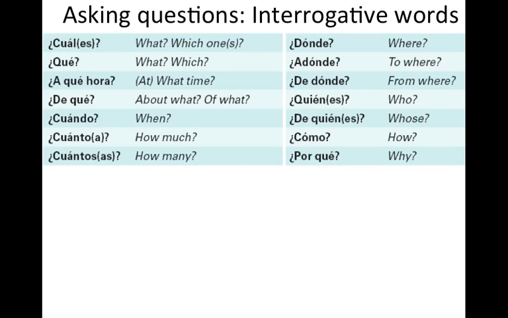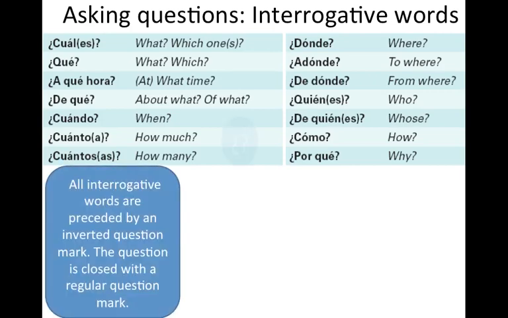And we're going to talk about the a and the de in front of some of these. ¿Cuándo? ¿Cuánto? ¿Cuánta? ¿Cuántos? ¿Cuántas? ¿Dónde? ¿A dónde? ¿De dónde? ¿Quién? ¿Quiénes? ¿De quién? ¿De quiénes? ¿Cómo? ¿Por qué?